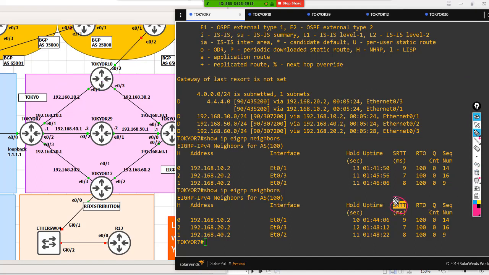So SRTT, RTO, and what is Q count? Basically, this will always be zero. It's nothing but the number of queued EIGRP packets. Let's say from this interface's point of view, your EIGRP packets are in queue. Normally that doesn't happen.